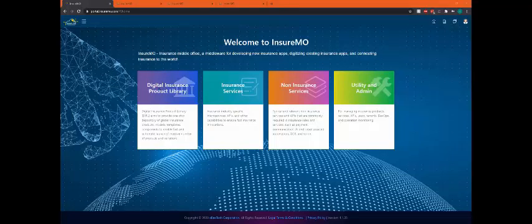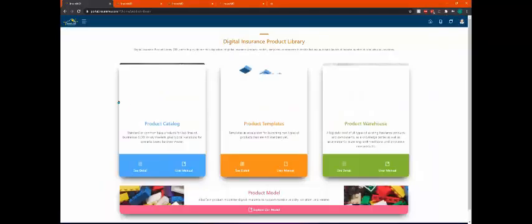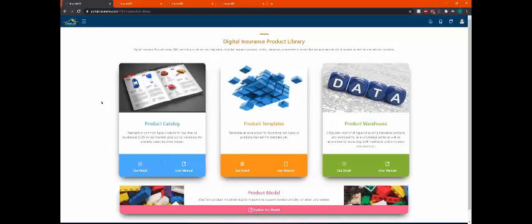So the process on Insurmo really starts from our digital insurance product library. This is where you can go and find an existing insurance product, or you can start by building your own from scratch. And an insurance product in a digital sense is basically what defines the business parameters of that insurance product.